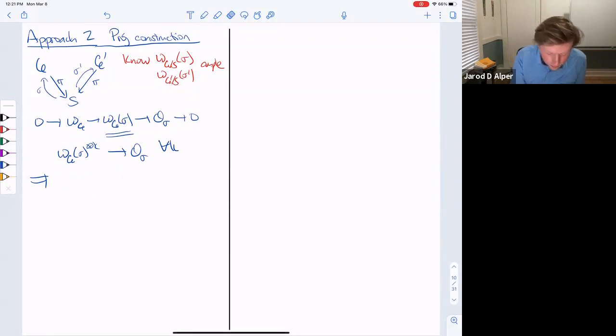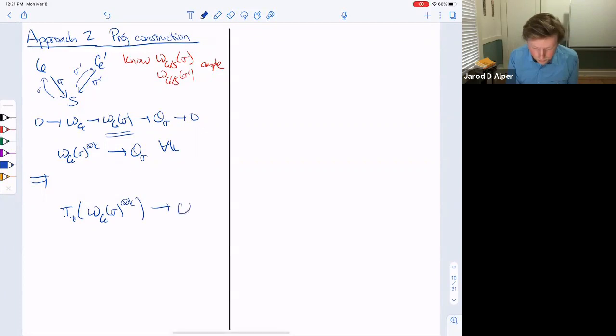First thing I could do is push this forward under pi, and I could also do the same with pi prime.